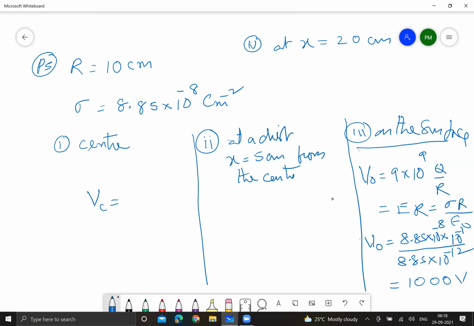Potential at the center is 1000 volts. Potential at any internal point is also 1000.